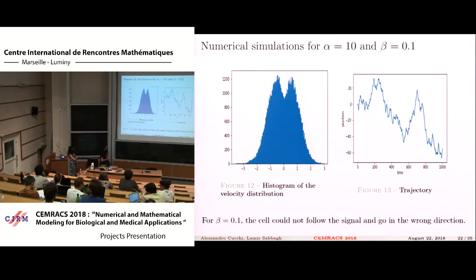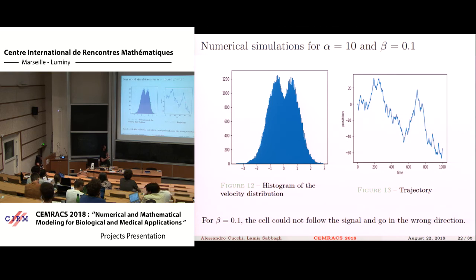If we change alpha, if we take alpha equal to 10, we obtain a sort of double well potential where the negative velocity is the most probable one. And here we see that the cell is able to follow the signal for a long time, but there are some times in which the cell is going in the wrong direction, along the positive part, here for example, or here also.